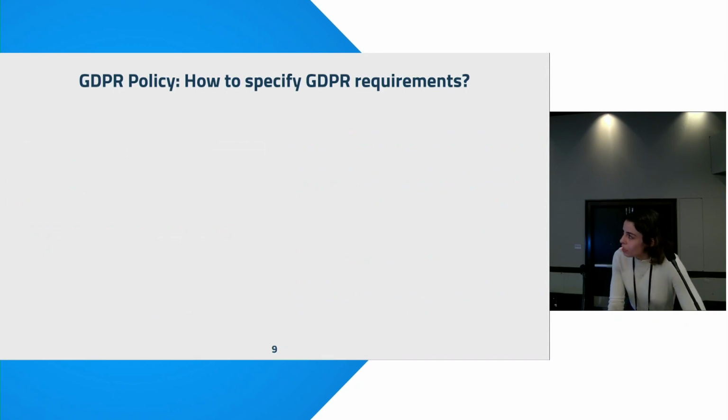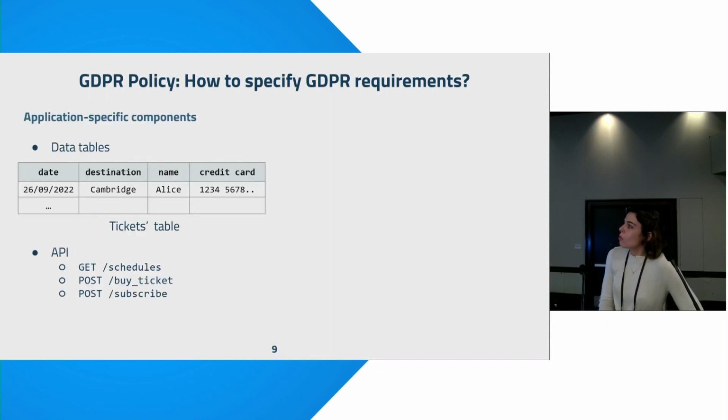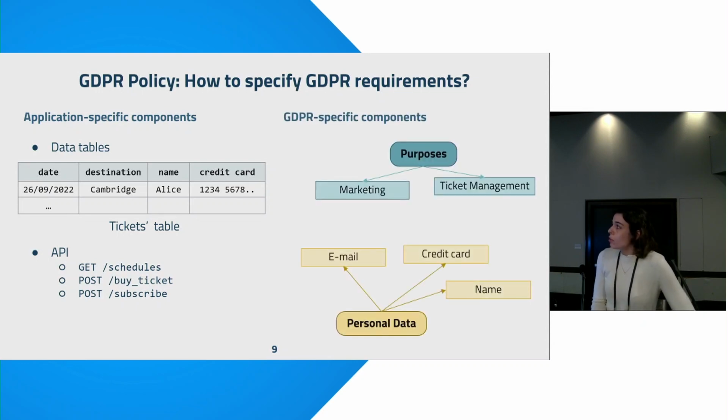The first question that we had was, how can we specify these GDPR requirements? So, on one hand, we have the application-specific components, such as data tables and the API, which are entirely agnostic to the GDPR. And on the other hand, we have the GDPR-specific components. We have personal data, we have purposes, we have consent, we have personal data that is only collected for specific purposes.